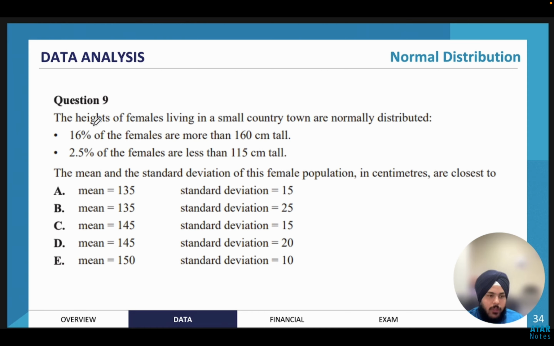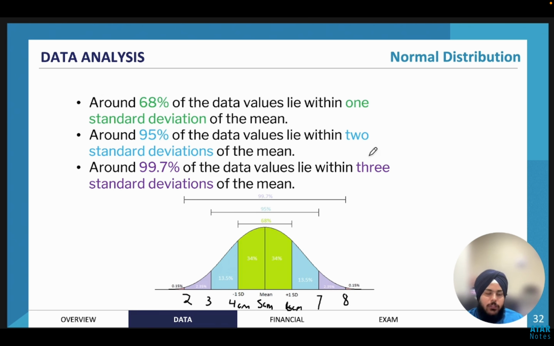So we know that 16% of the females are above 160 centimeters tall. So what do we know about the normal distribution? If we just look at the normal distribution graph quickly, we know that 68% of the data will be within one standard deviation of the mean. So how much data must lie above one standard deviation of the mean?